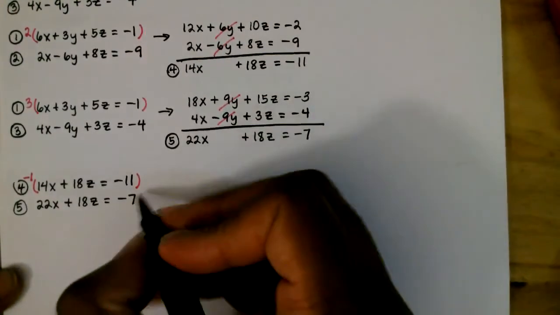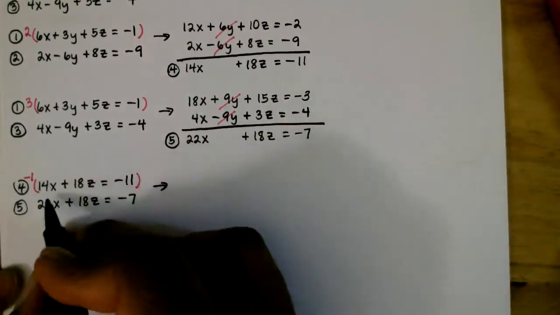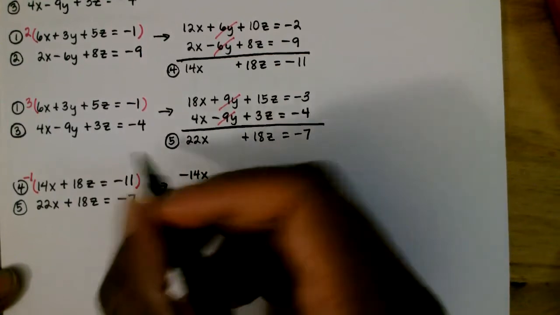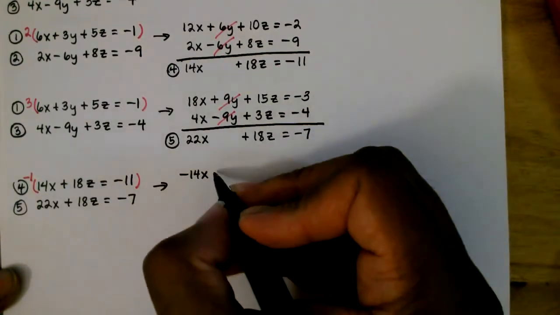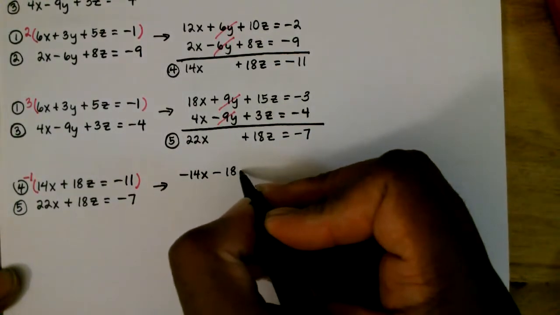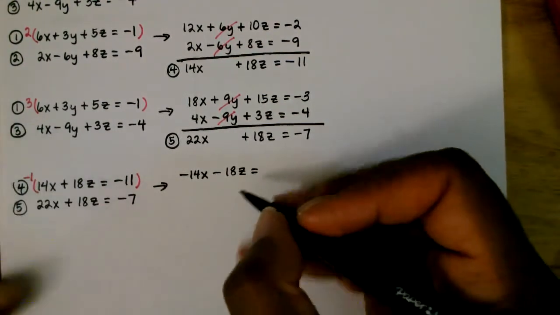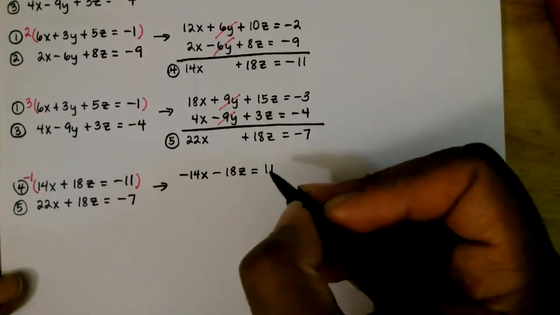So in this case, -1 times 14x will be -14x. -1 times the 18z will be -18z, equals -1 times the -11, which would be +11.